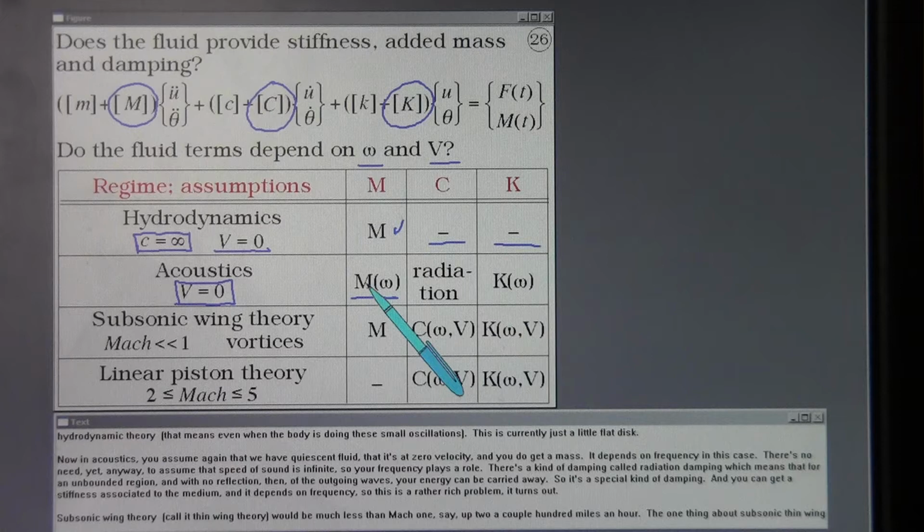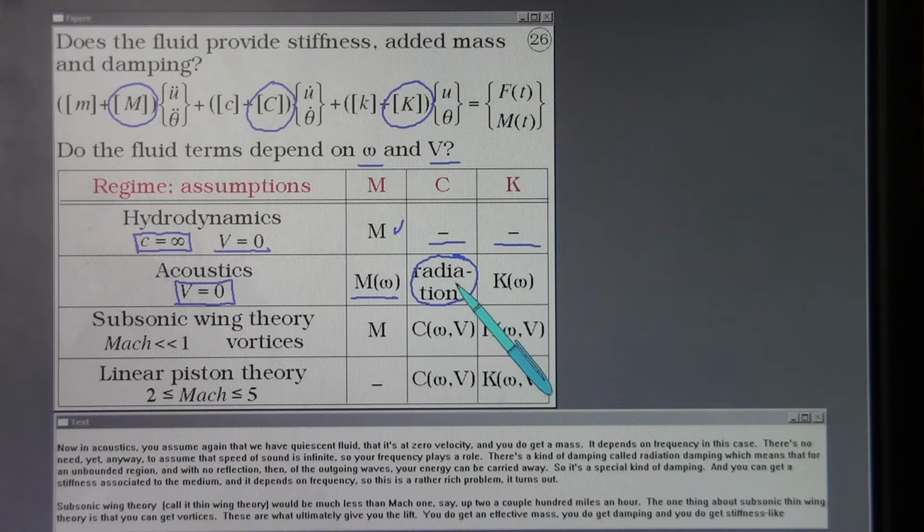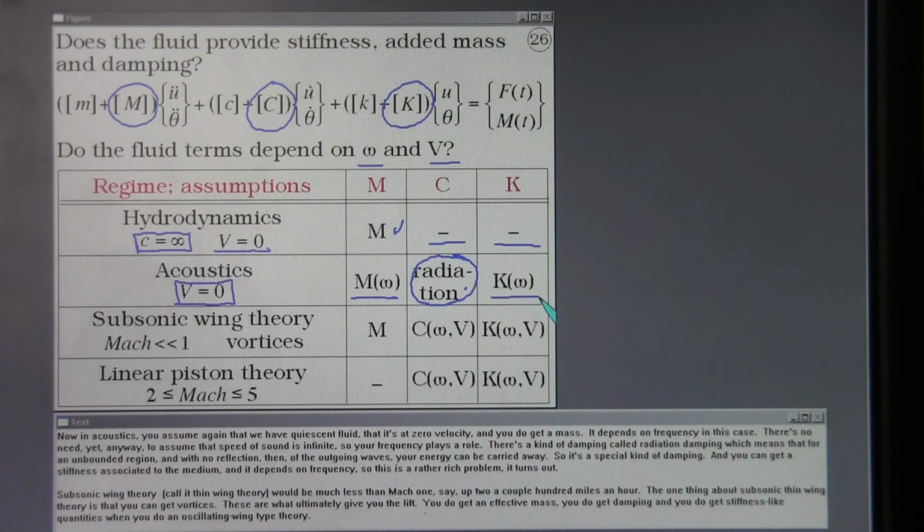There's a kind of damping called radiation damping, which means that for an unbounded region and with no reflection of the outgoing waves, your energy can be carried away. So it's a special kind of damping, and you can get a stiffness associated to the medium, and it depends on frequency. So this is a rather rich problem, it turns out.